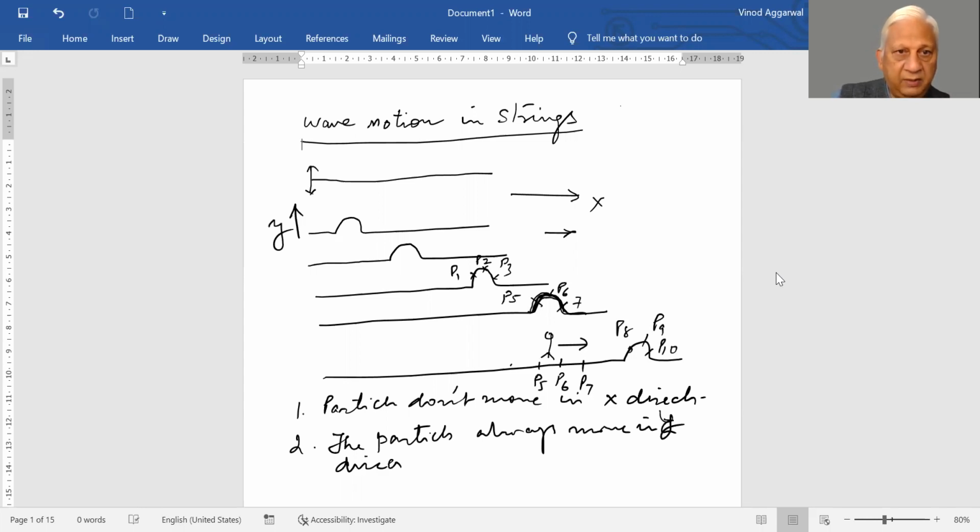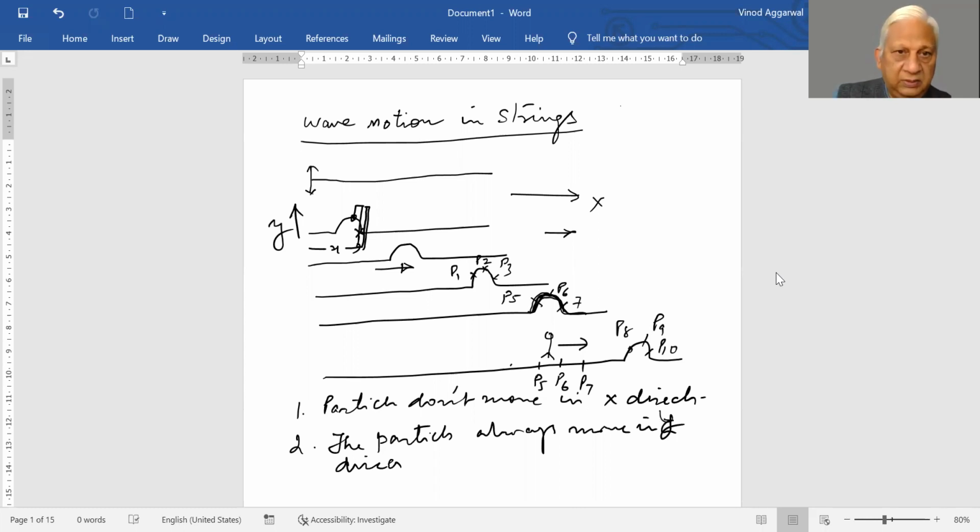If you see the particle here, what will it do? It will go up, it will go down, cross the mean position, come back, and keep on doing it, but at the same X position. It will not move from this position. Because all the particles behave like this, it appears that the pulse which was generated is moving in this direction.